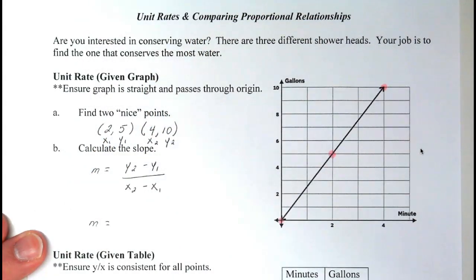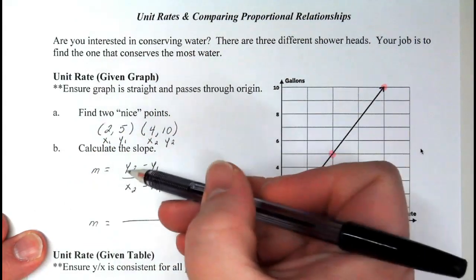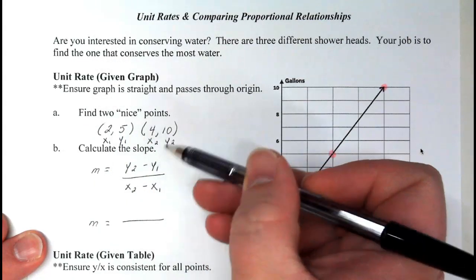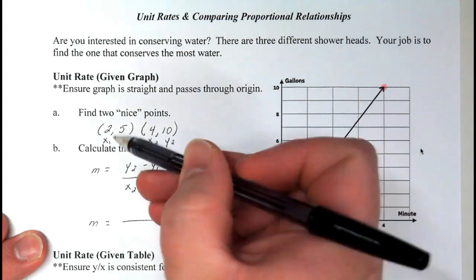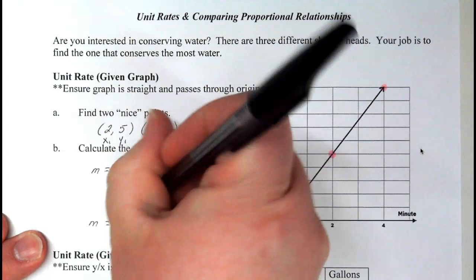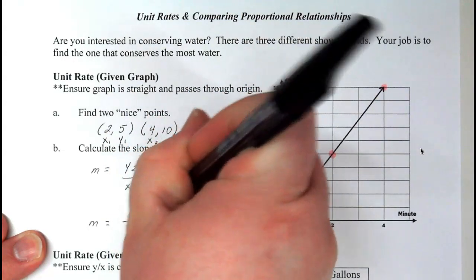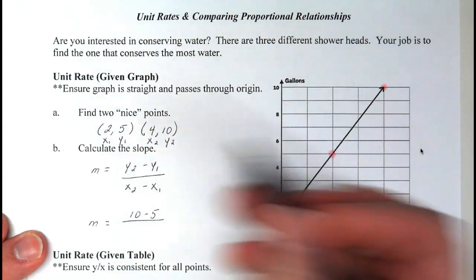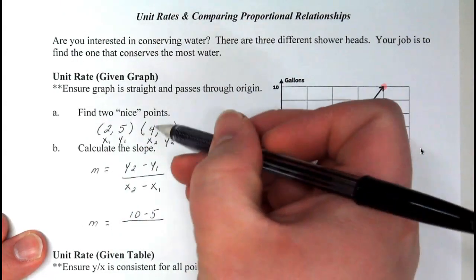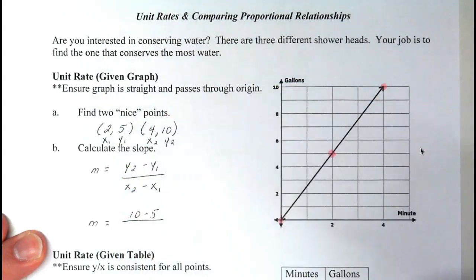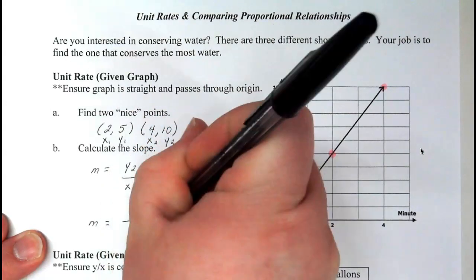Now let's plug the values into the formula. So we have y2 minus y1. y2 is 10 and y1 is 5. So we're going to do 10 minus 5. And then x2 minus x1. x2 is 4 and x1 is 2. So 4 minus 2.